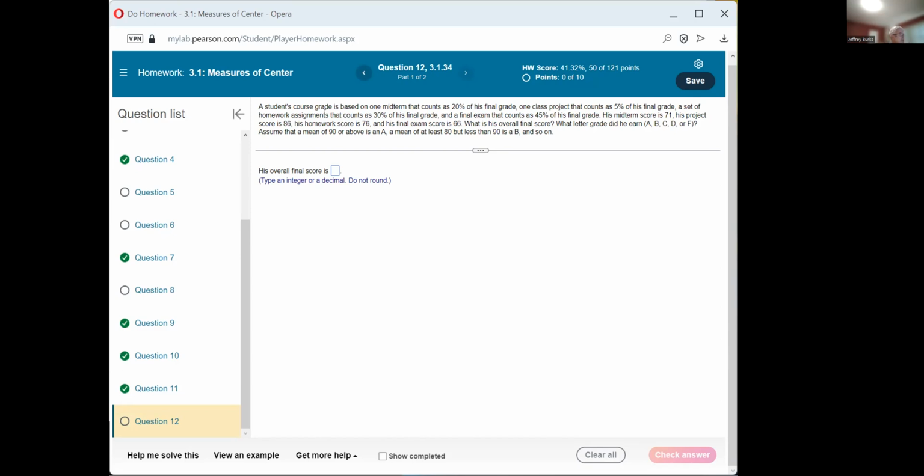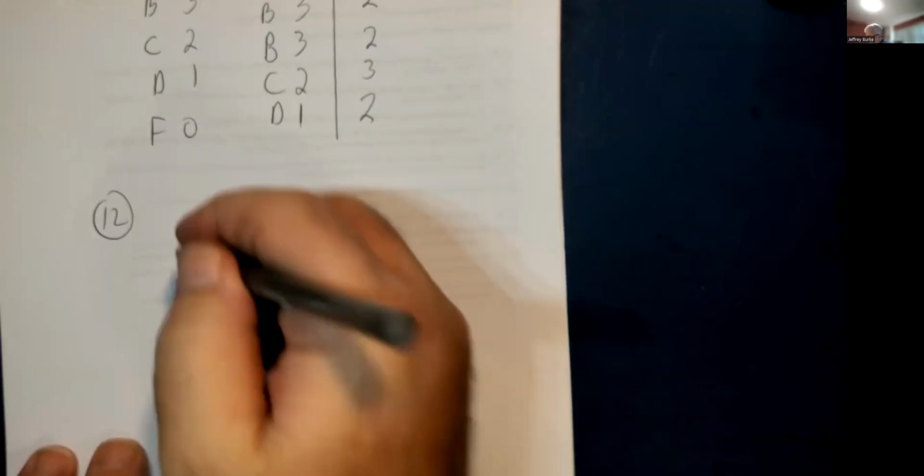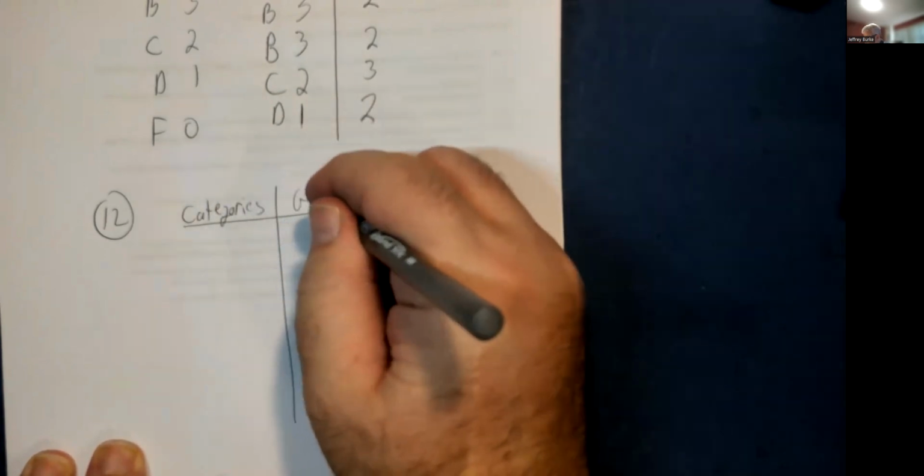Okay, so again, if you want to save a screenshot of that, we'll create the distribution. We're going to treat the grades as those percentages for question 12. Let's go back to my document camera and share that. So here are going to be the categories, and then these are going to be the grades.